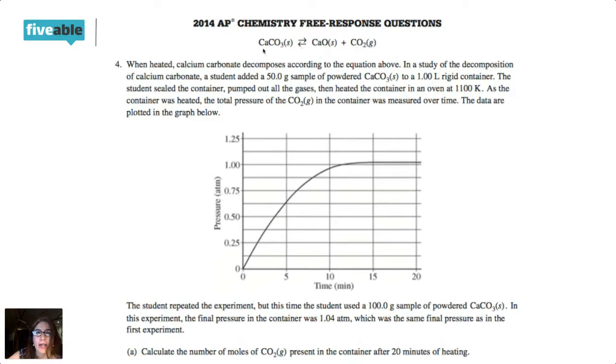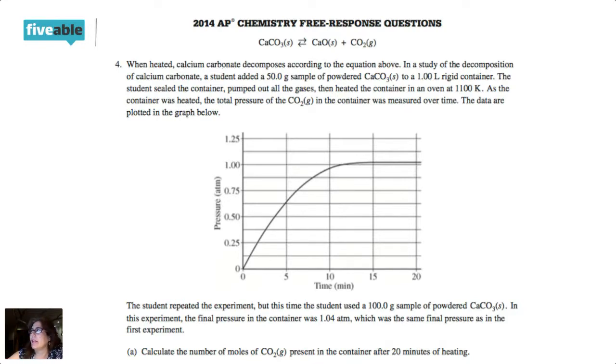But calcium carbonate, it's a solid. Should we include it on the expression? Excellent. So you don't use it on the equilibrium expression. So the equilibrium expression would only have carbon dioxide.